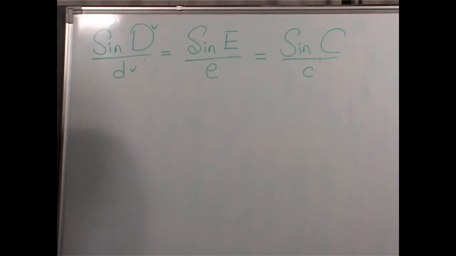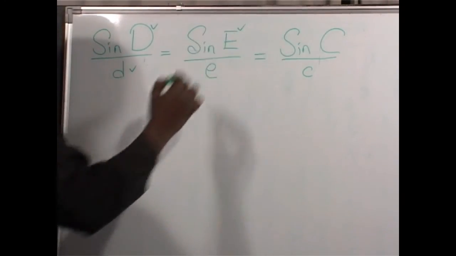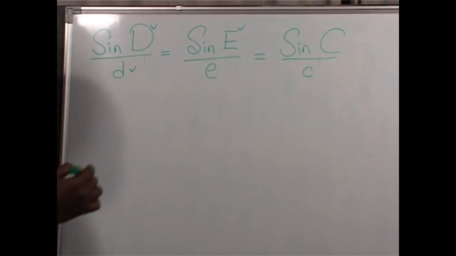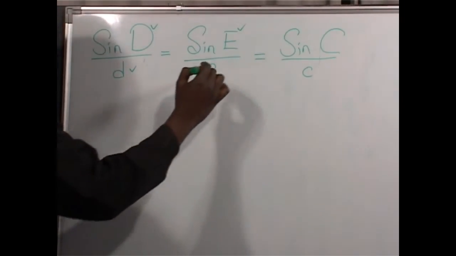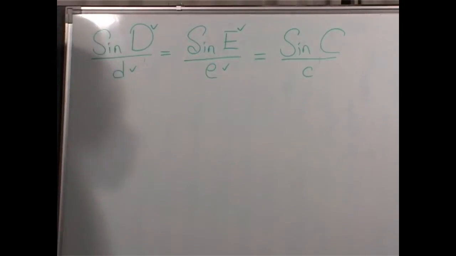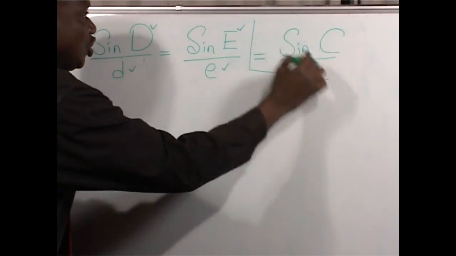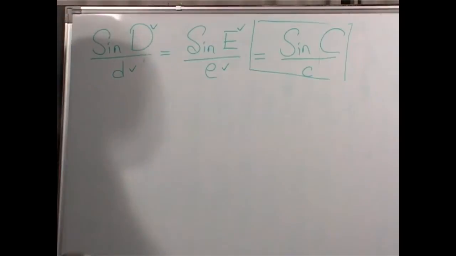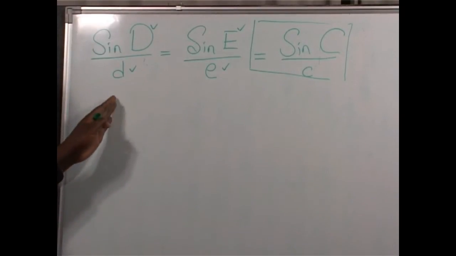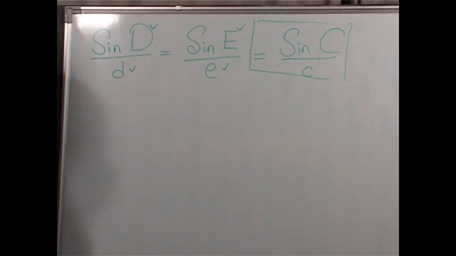We have been asked to find the angle at E, and the side opposite to that angle E is given as 12 centimeters. So the third ratio will not be used in this case. We are just going to use the first and the second ratio.